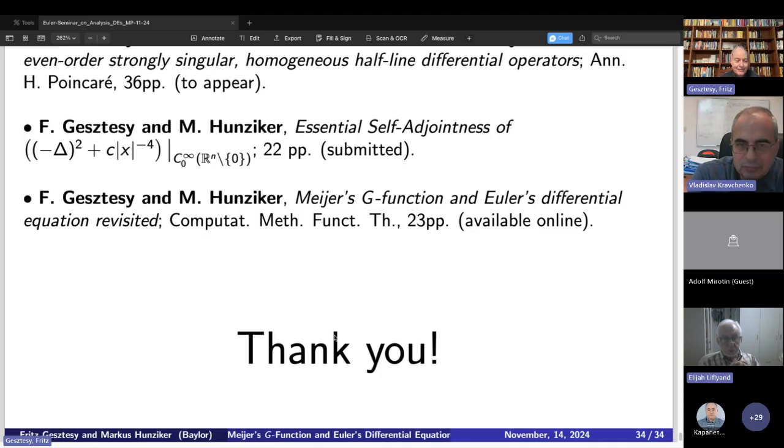And the zero structure is relatively simple when m is 1, 2, and 3. We don't know for sure for 4, but we know for m equals 1, 2, and 3, there are no islands. So you get a half line for the essential self-adjointness situation.